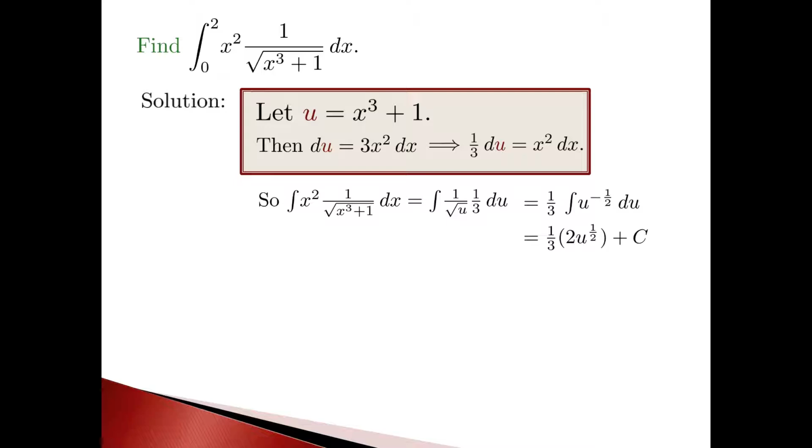And now that looks weird. So if you want to just flip that denominator and make it 2 over 1, or just 2, I can multiply that in front. But that's exactly what that is. U to the 1/2 over 1/2 times the 1/3, which is sitting out in front. And so if I substitute the x cubed plus 1 back in there for u, then I end up with 2/3 and a square root of x cubed plus 1 plus c.